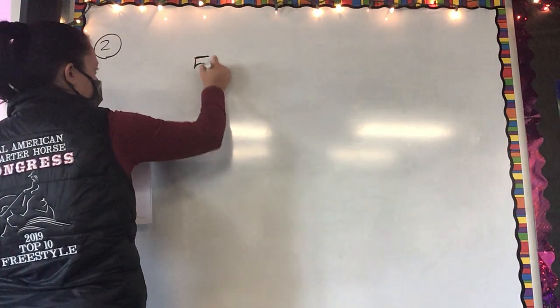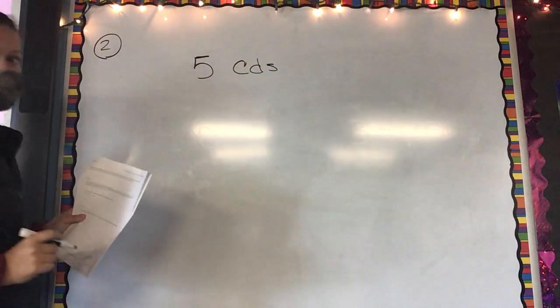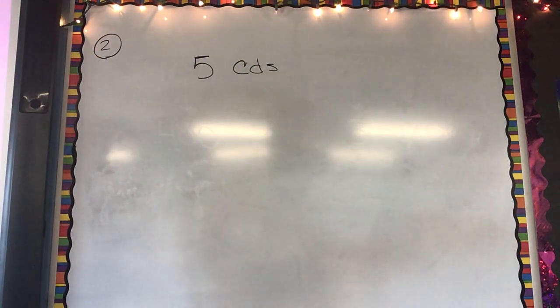All right, be a listener and write down our facts. It's going to be a story problem. Last month, Tim bought 5 CDs. Yep, CDs. And you guys don't buy CDs anymore. We buy devices.